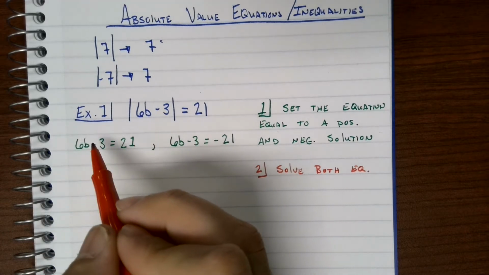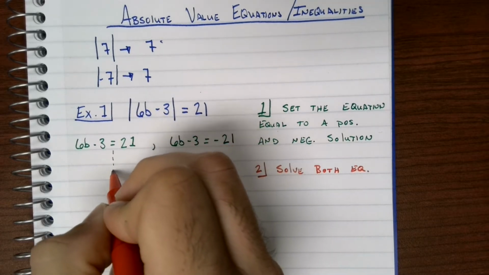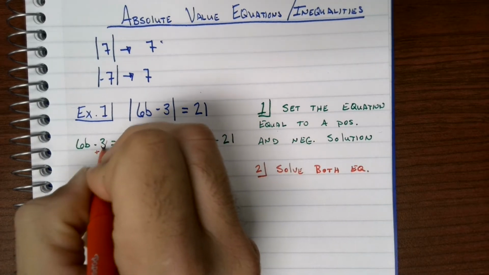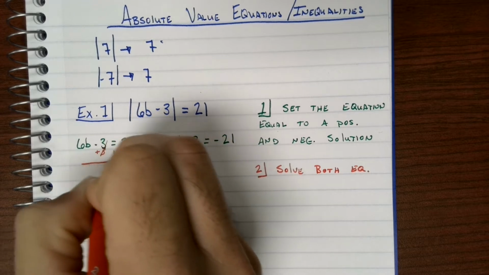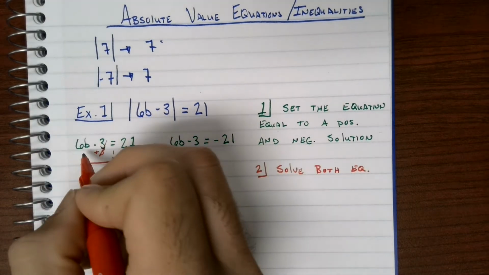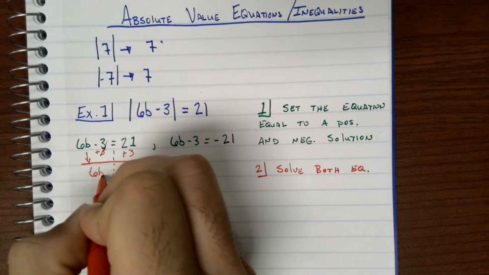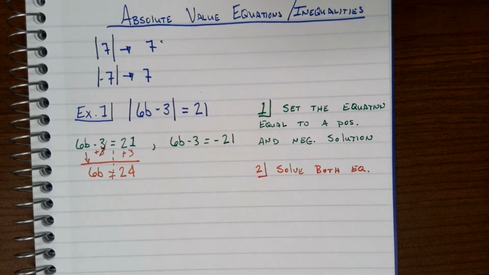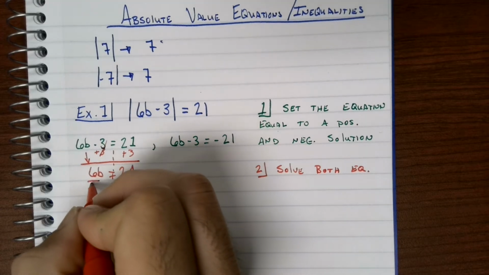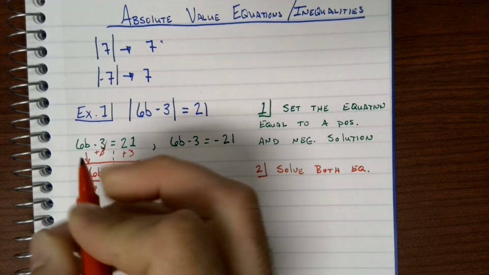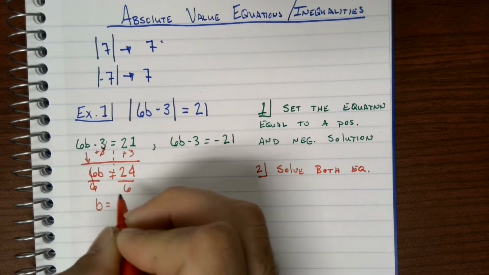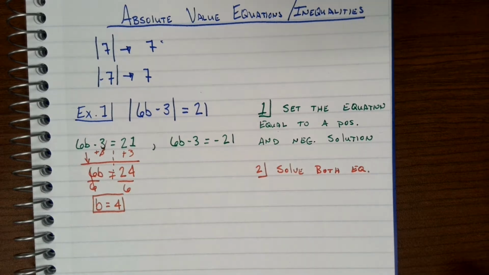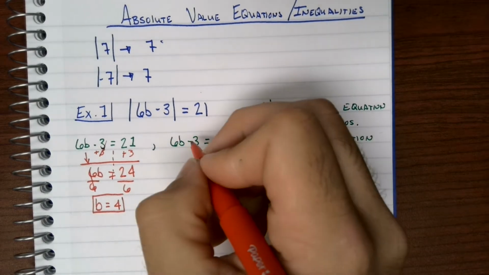So here, my first step would be to add 3 to both sides. We have a two-step equation. I bring down 6b equals 21 plus 3 is 24. Then my last step is divide by 6 on both sides. B equals 24 divided by 6 is 4. So there's one solution. Then we do the same for the other.